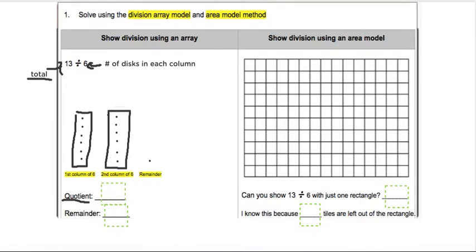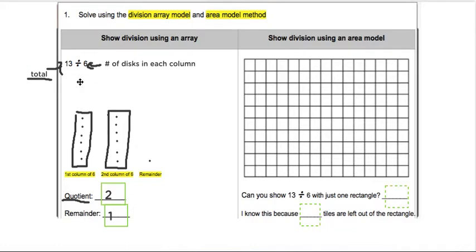How many whole groups of 6 did we make? Fabulous, 2. So 2 is our quotient because it tells us how many groups we made. And what's left over? What's our remainder? Fabulous, 1 is left over.